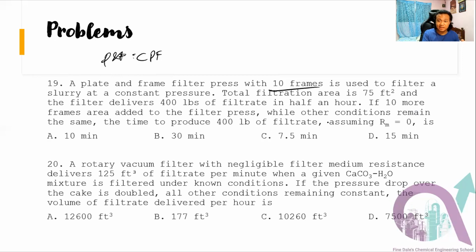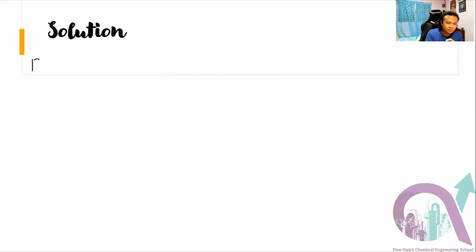So that's 30 minutes of filtration time. If 10 more frames of area are added to the filter press while the other conditions remain the same, what is the time to produce 400 pounds of filtrate, assuming RM, the resistance of the filter medium, is 0? Whatever filter medium you have, maybe a filter paper, assuming 0 resistance, so what is the time? So we have to solve for the time.